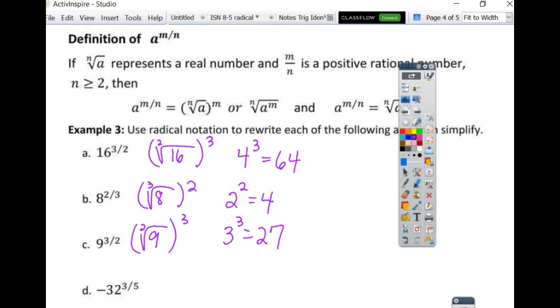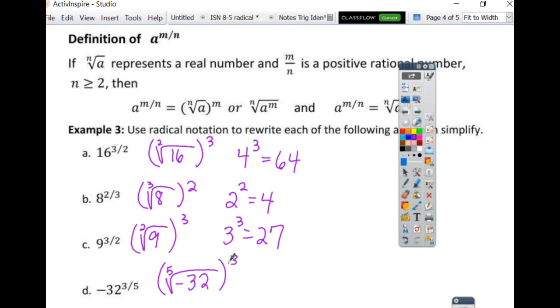Then I have negative 32 to the 3/5. So, first of all, it's a negative. The root is 5, and then I raise it to the third power. So, do I get a positive or negative answer? Negative answer, because it's odd, so it's a negative answer.